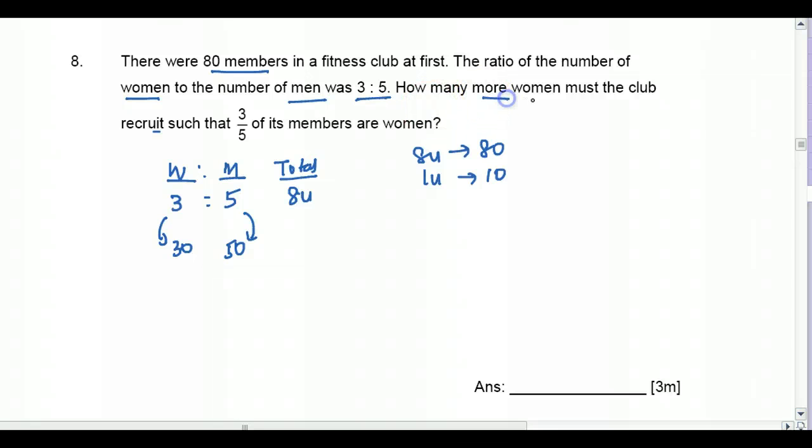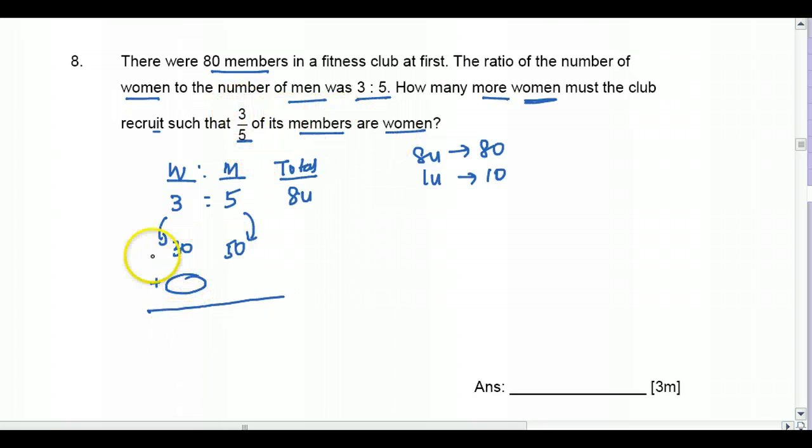How many more women must the club recruit such that 3/5 of its members are women? So now I need to add some more women. After I add some more women, 3/5 of its members are women.